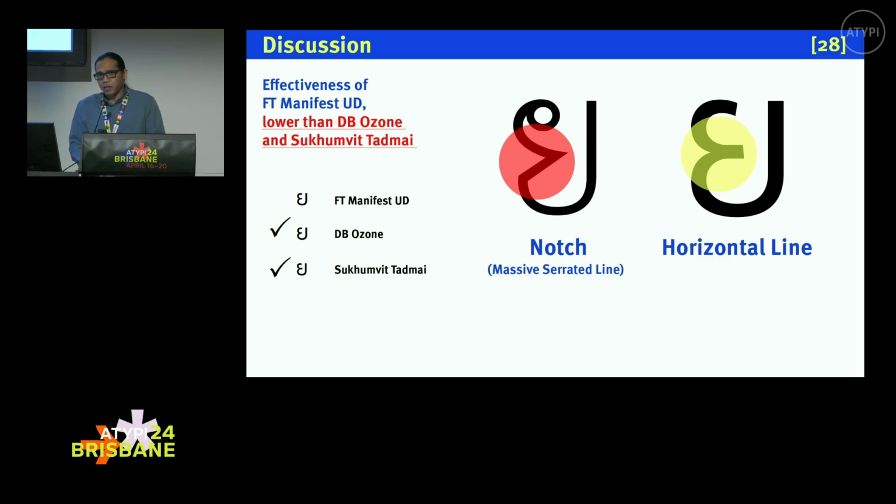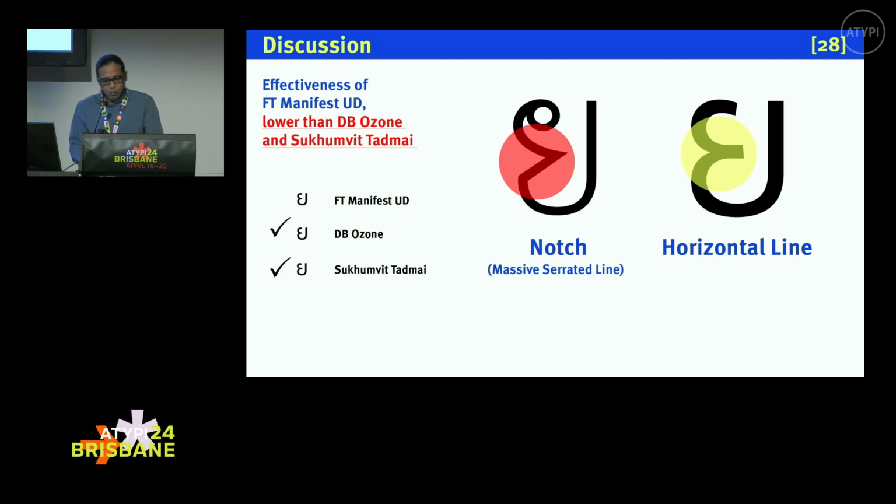And the significant result shows that the effectiveness of FT Manifest UD is lower than DB Ozone and Sukhumvit Tadmai for the character Yoyak.